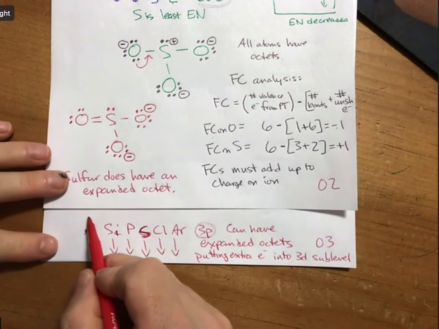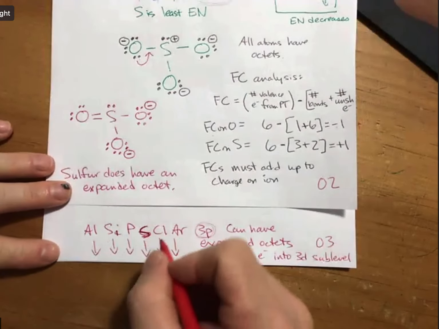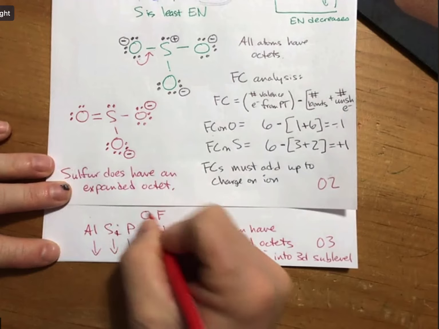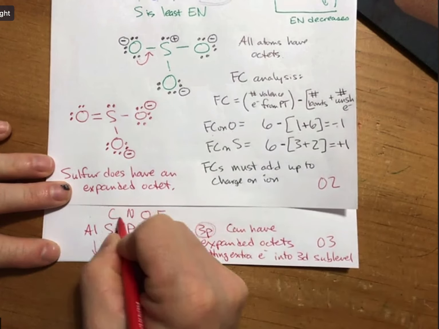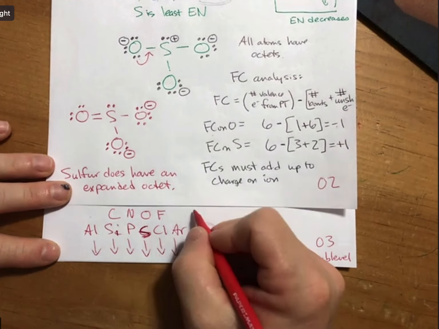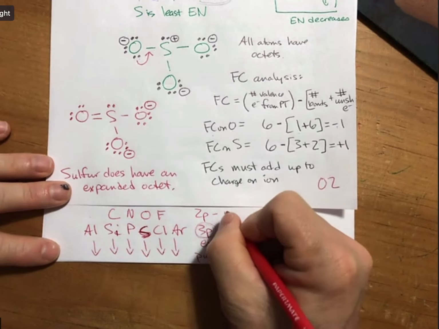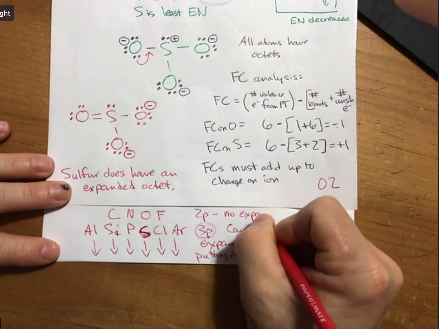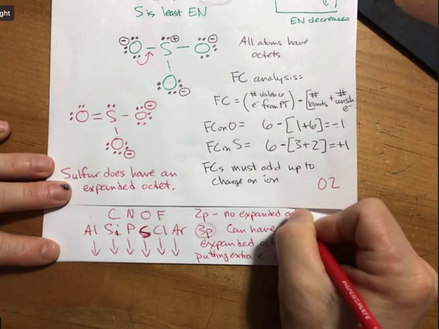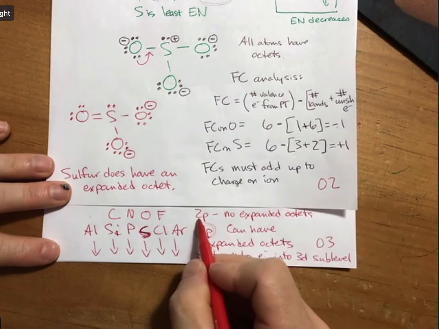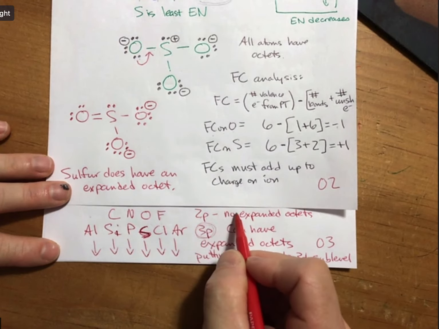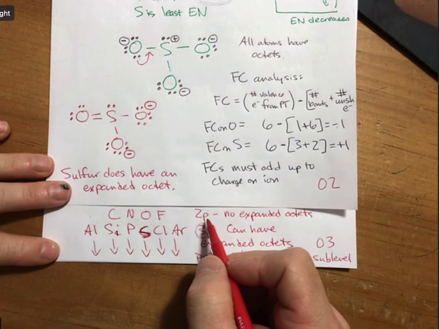And the elements above these on the periodic table, the fluorine, the oxygen, the nitrogen, the carbon, they're in the 2p region of the periodic table, and there are no expanded octets, because there is no 2d sublevel to put extra electrons in.